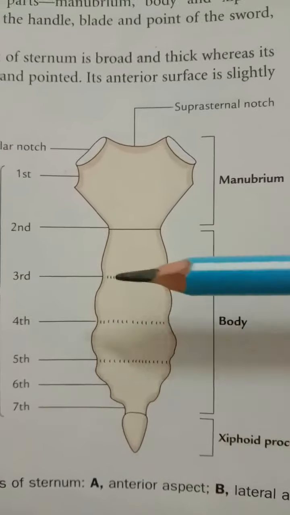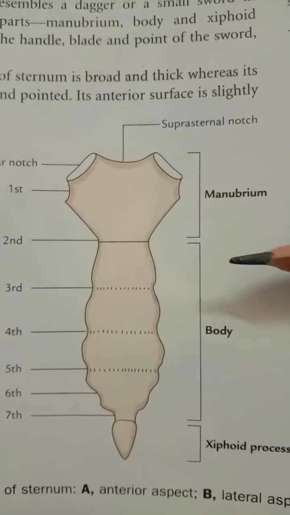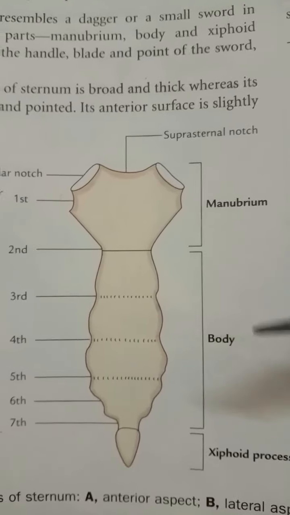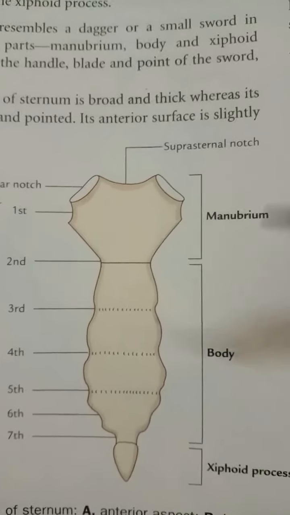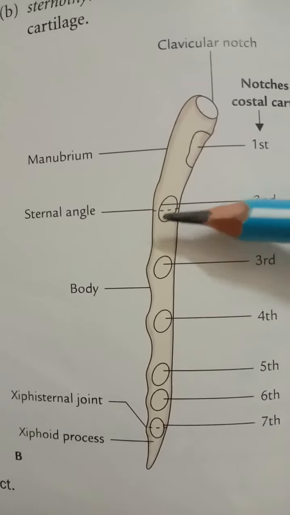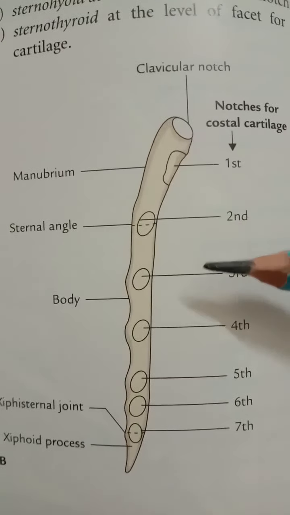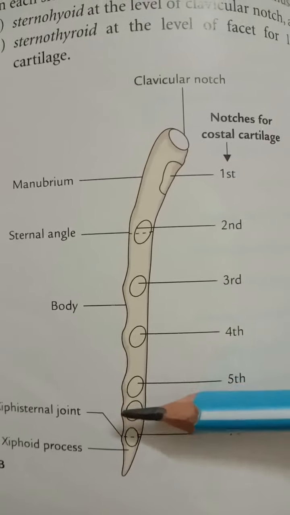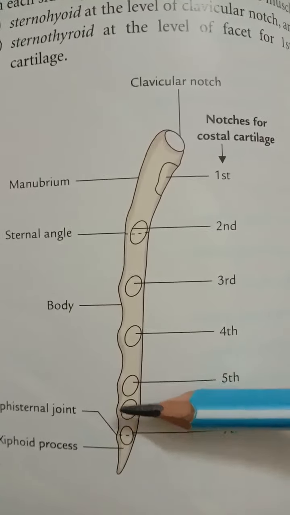It forms synovial joints with the lower part of the second costal cartilage, the third to sixth costal cartilages, and the upper half of the seventh costal cartilage. Here in this diagram you can see the body, the half part of the second costal cartilage, then the third to sixth costal cartilages, and the part of the seventh costal cartilage.